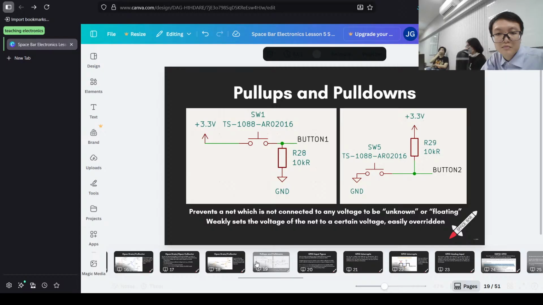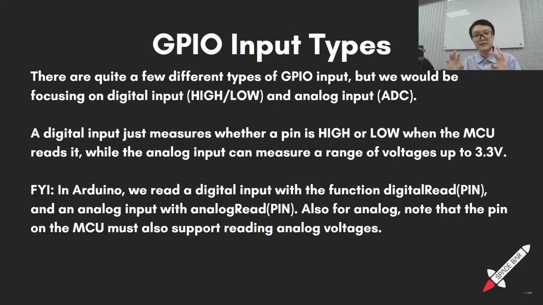There is also a version of reading analog pins, where you're reading a range of voltage instead of 0 or 3.3 volts. For analog, we must also check whether the pin supports analog. On some microcontrollers, I can't recall for the ESP32, but I think it should because of the GPIO matrix.